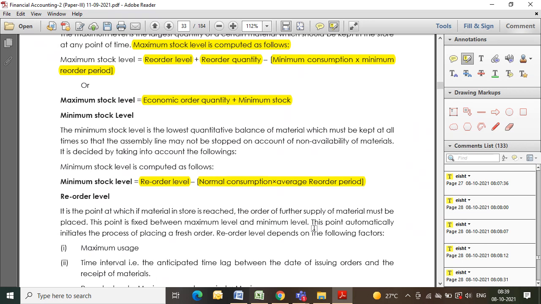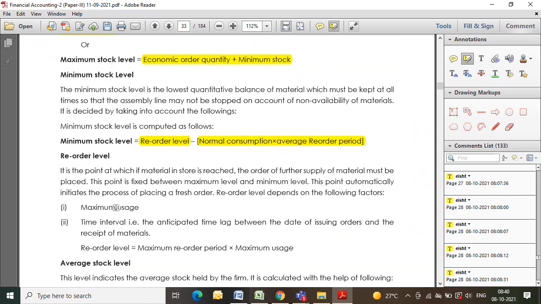So whenever you maintain a stock, you keep in mind that it should not spoil, it should not use more space because stock maintenance is a big cost, plus the reorder level and reorder time. All these factors are also considered when we do these calculations.